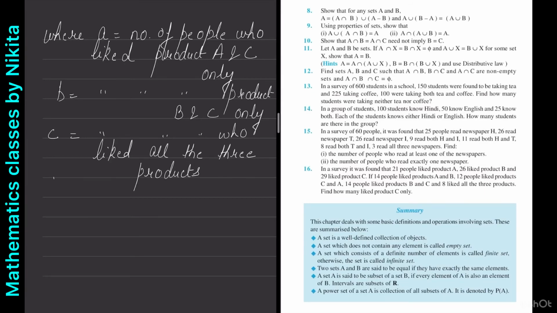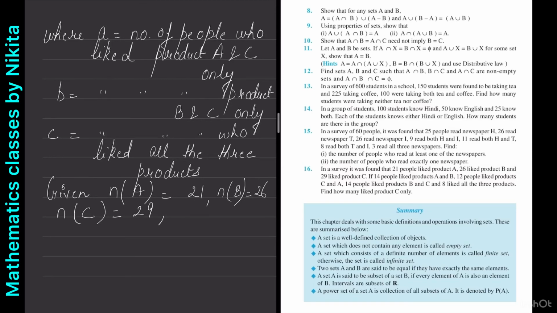Now what is given to us? It is given that n of A, the number of people who liked product A, is equal to 21. The number of people who liked product B is equal to 26. The number of people who liked product C is equal to 29.